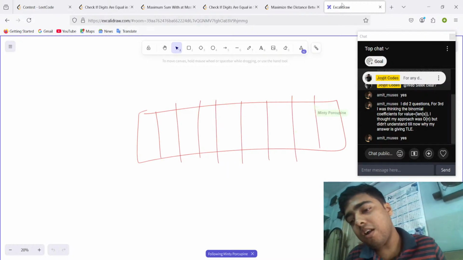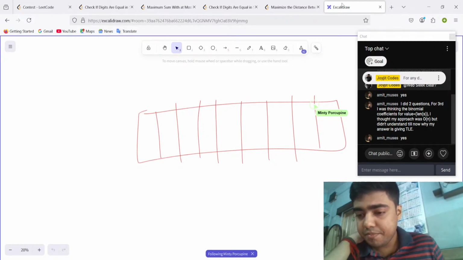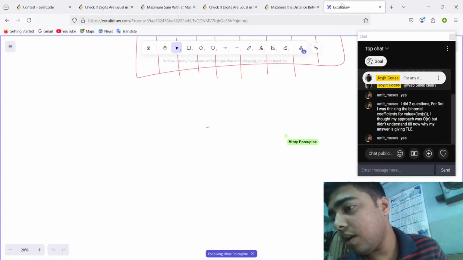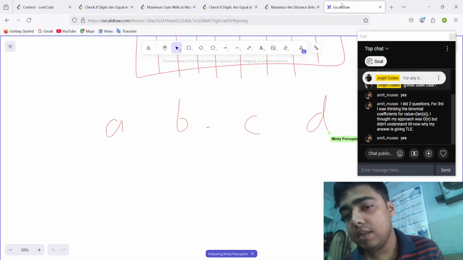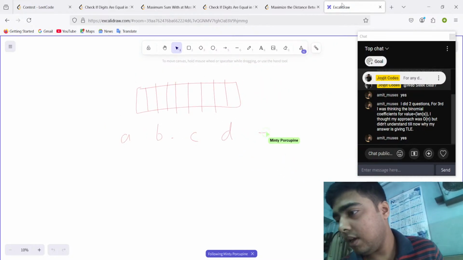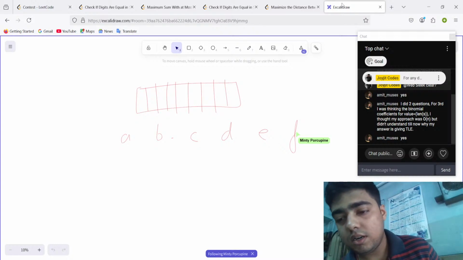But for our convenience, we are going to take 7 of them. A, B, C, D, E, F. 1, 2, 3, 4, 5, 6. Let's work with 6.